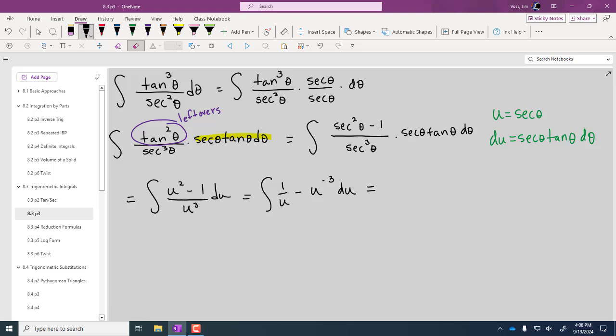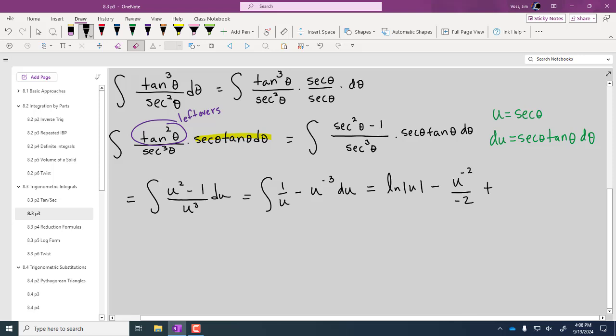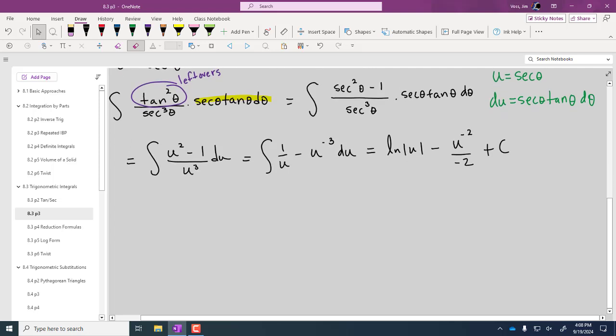Integral of 1 over u? Natural log u. And then we add 1 to the exponent. We get negative 2 divided by that new exponent. We have that. Should we leave the negative in the denominator or change to a positive term?